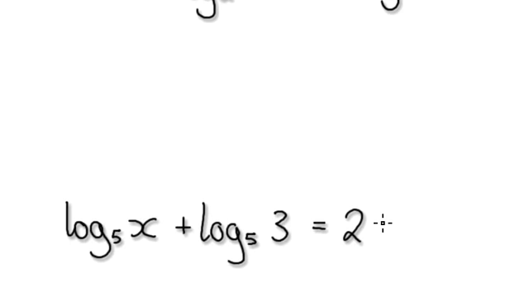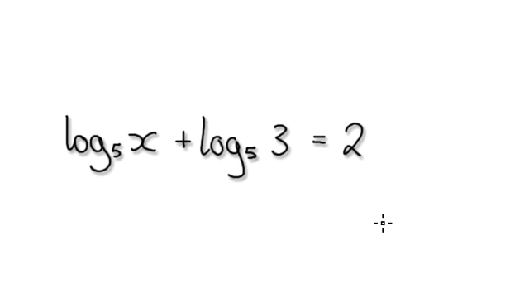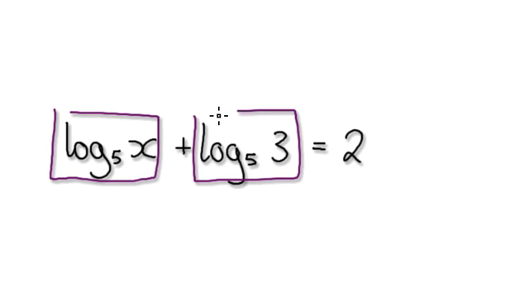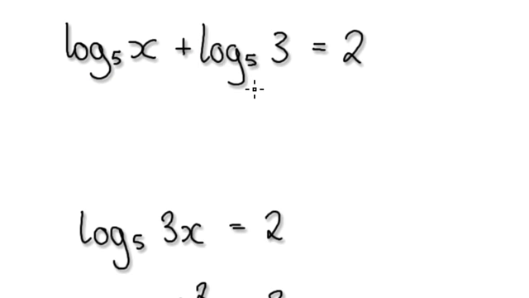Okay, so the first question here is this: solve this. So press pause and have a go. Okay, so to do this here, hopefully you should be able to spot this. You've got one log plus another log here, so you know you can merge the two together.